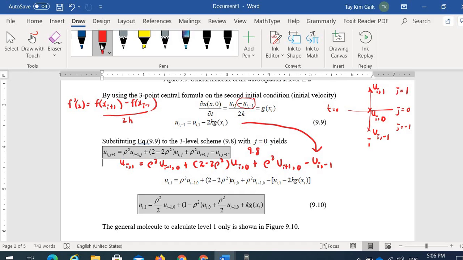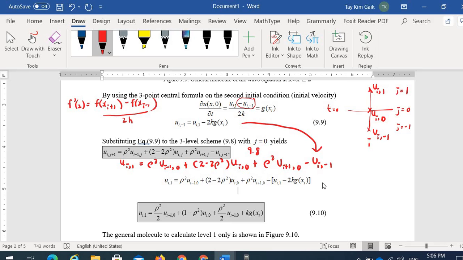Okay, and then solve for your u_(i,1). So this term and this term you collect together, you have 2 times, because minus u_(i,1). In these two yellow color terms you collect together 2 times. So you want 1 time, so this one divide by 2, divide by 2. So negative, positive divide by 2. That's why you get k g(x_i).